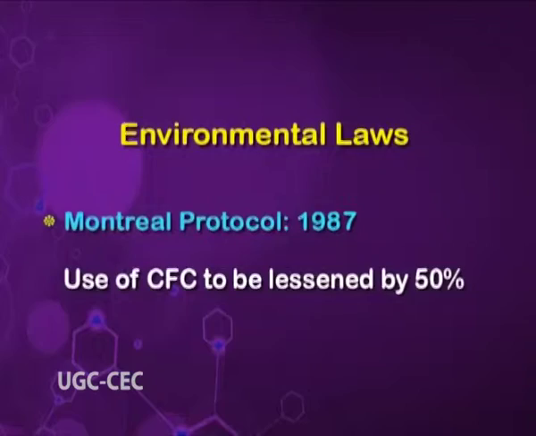The ozone layer in the stratosphere is a primary requirement for the existence of life on this earth. International environmental laws have now been framed to protect the natural level of ozone in the stratosphere. The first law, enacted in 1987 as the Montreal Protocol, envisaged a 50% ban on the use of chlorofluorocarbons.